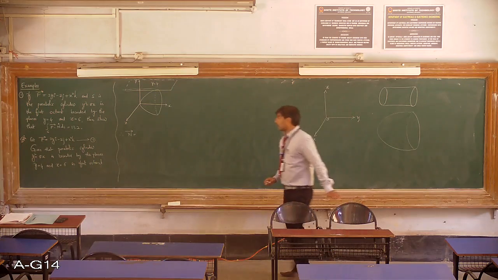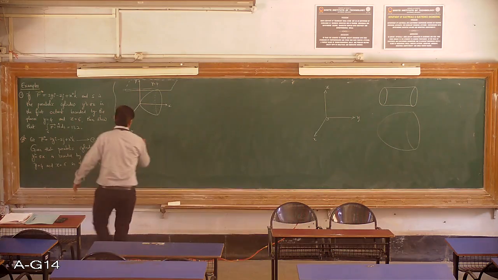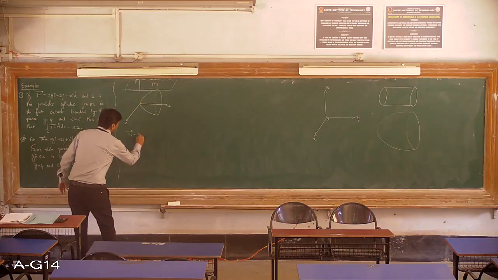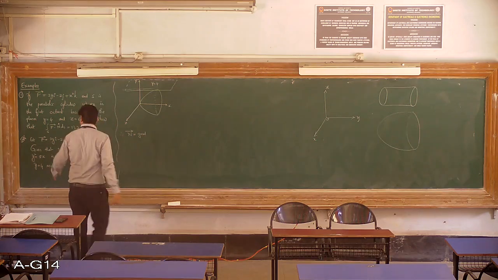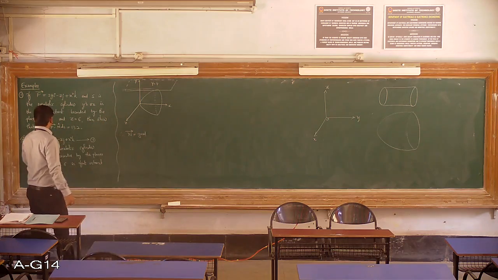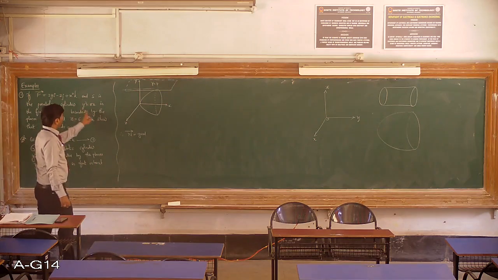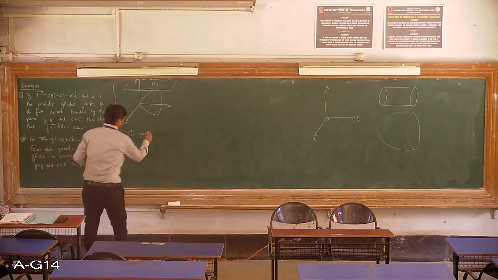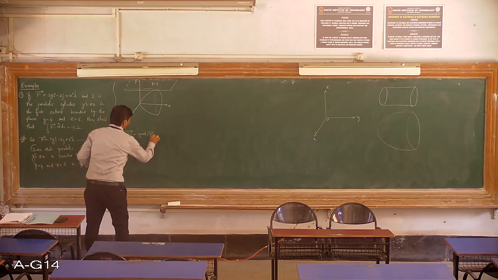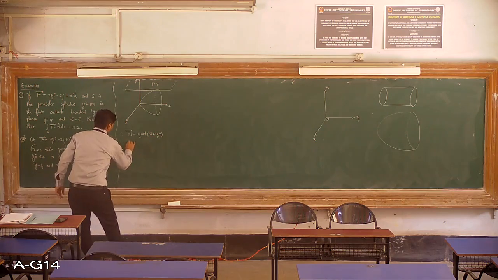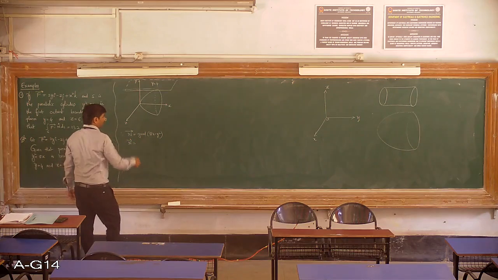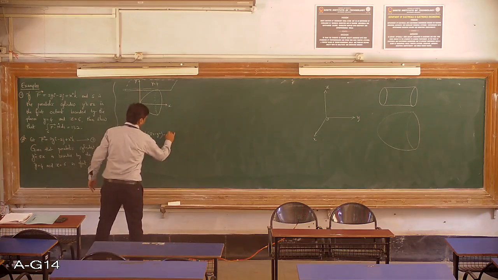One can very easily find it by using the gradient of this particular parabolic cylinder, that is, the gradient of y square minus 8x, or 8x minus y square we can say.